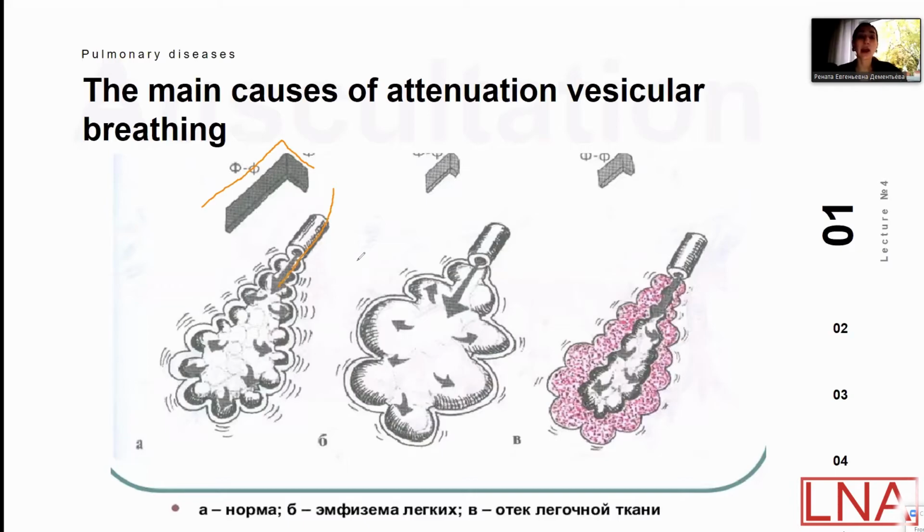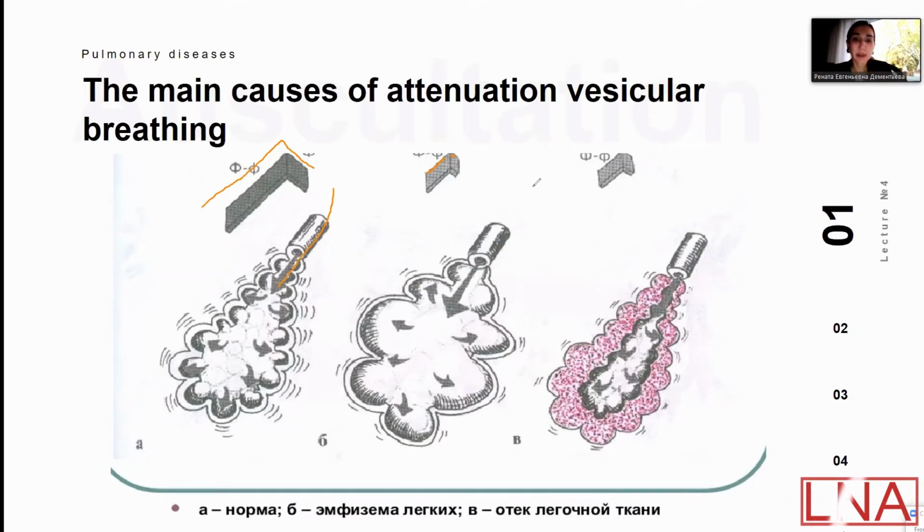Look at picture B. There is some attenuation, a shorter inspiration, and a small duration of the expiration phase, while it's the emphysematous type of alveolus. What does it mean? Emphysema is airlessness of the alveolar cavities in the first stage, and in the last stage it's destruction of all alveoli, destruction of the walls between alveoli, and combining two or three alveoli into one cavity.